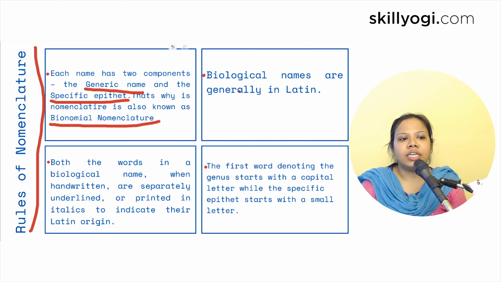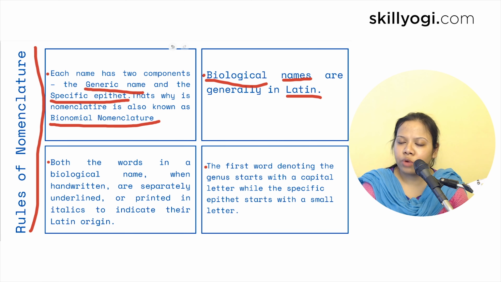The second point is that all the biological names are generally in Latin. When we nomenclate any species, it is always in Latin.